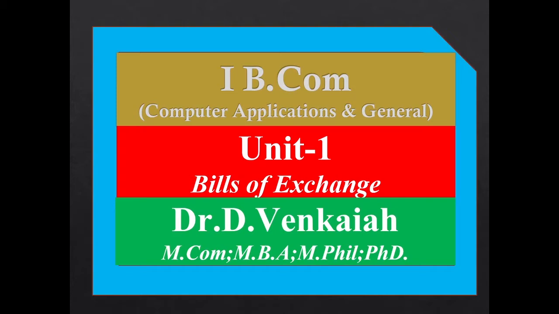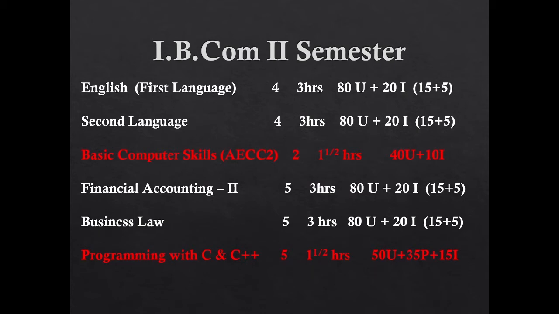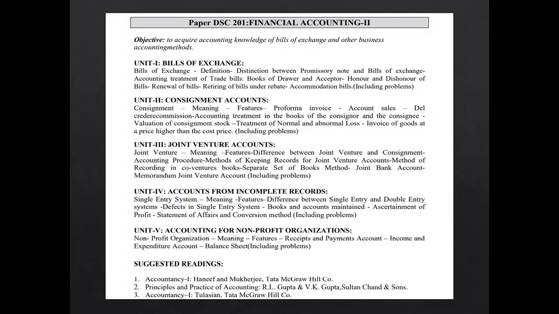Okay, so I already told that in our second semester, the subjects are English, second language, basic computer skills for 40 marks, Financial Accounting 2, which we are studying with 80 and 20 marks, business law, programming with C and C++, computer paper.